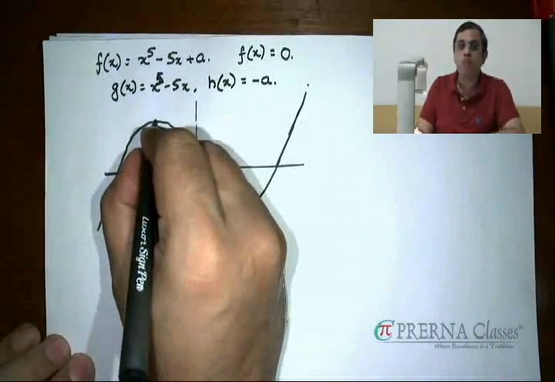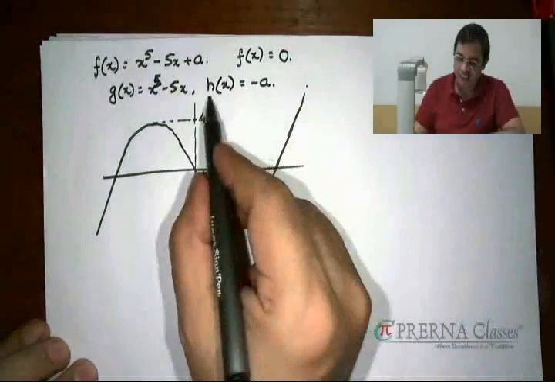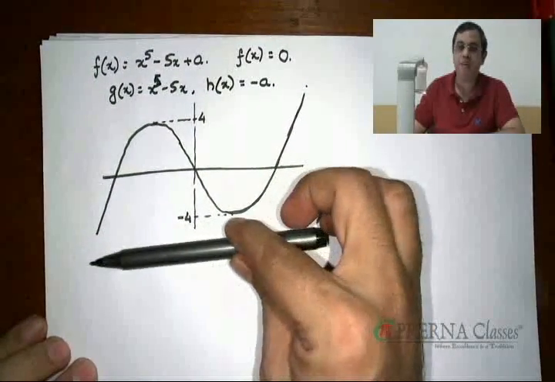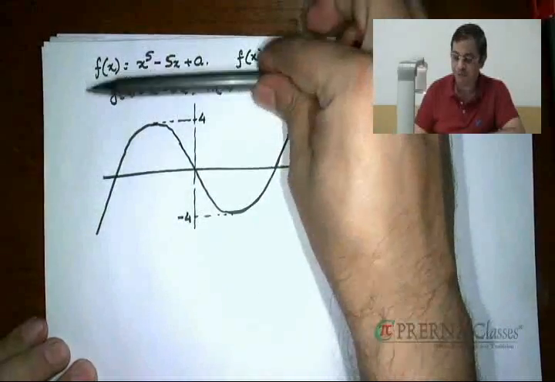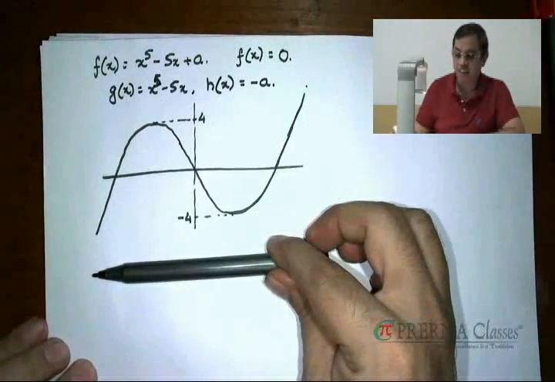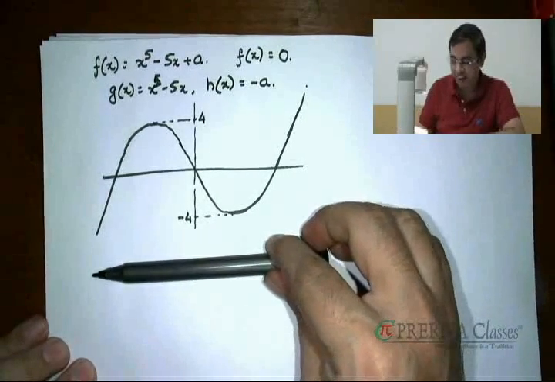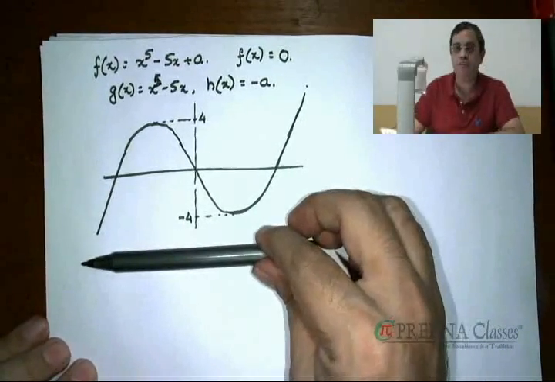H of x equal to minus a is going to be simply a horizontal line that is parallel to the x-axis. What we then need to consider is, as I move this line along in this manner, how many times does it intersect the curve that we have drawn? It is then fairly obvious that if a is greater than 4 or less than -4, it would intersect the graph either here or here.